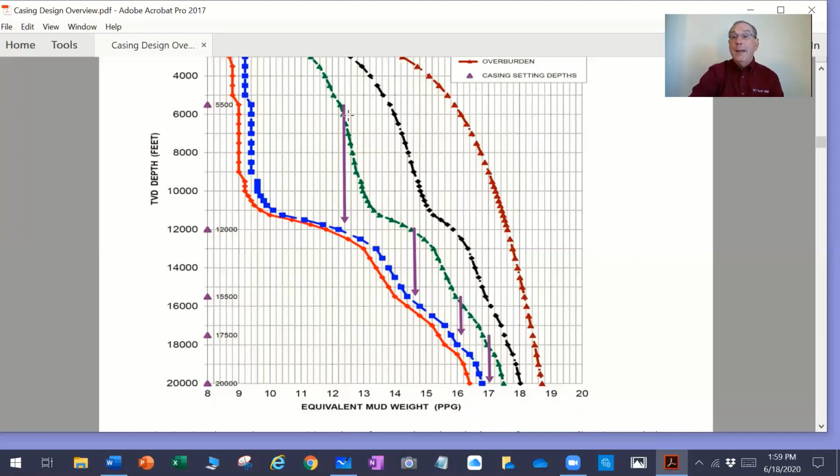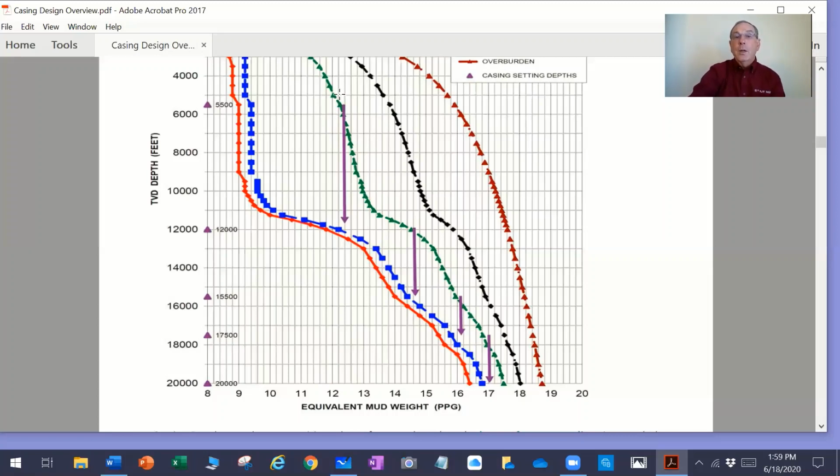So in order to mitigate lost returns, I have to honor this green line, this sand fracture gradient line, unless I know there's no sand here. Otherwise I have to accept the fact that there may be a sand there.